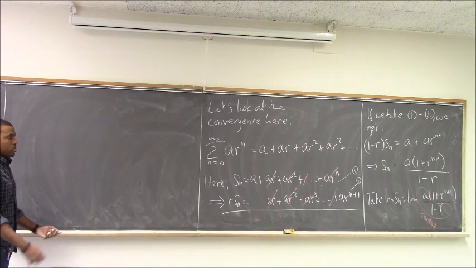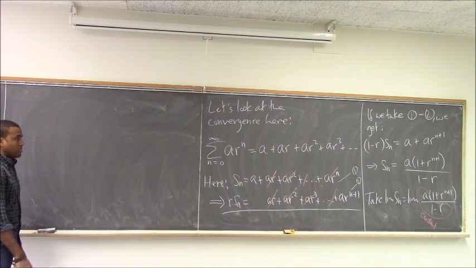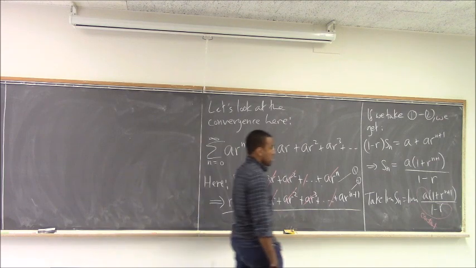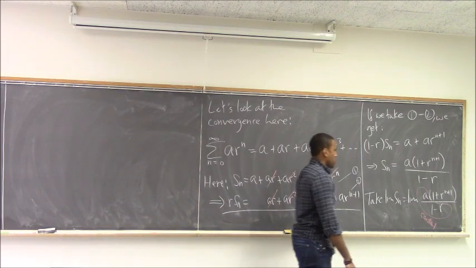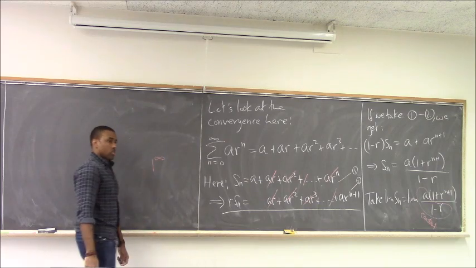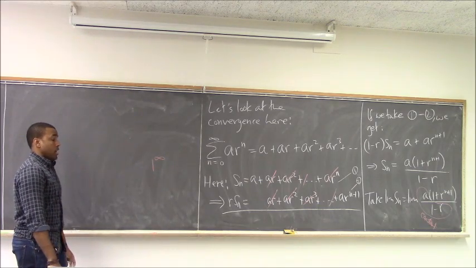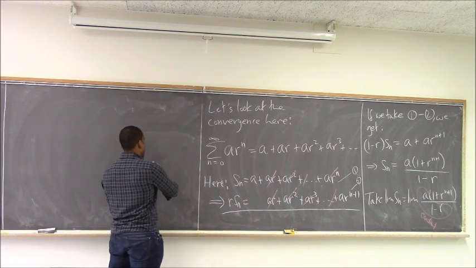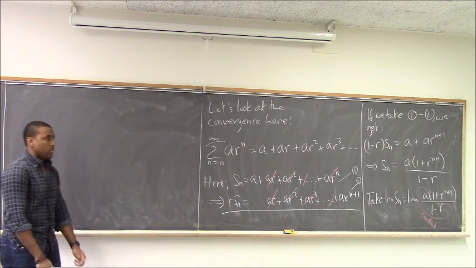Can you give me an example where it won't? If r is equal to 1, what's 1 to the infinity? Indeterminate, right? Which doesn't mean anything. Okay, so that's not going to converge if r is equal to 1.